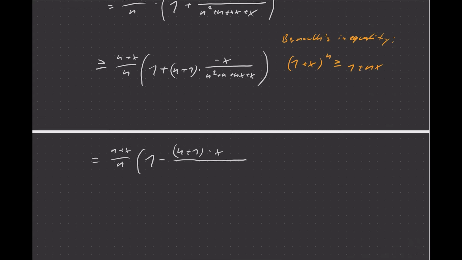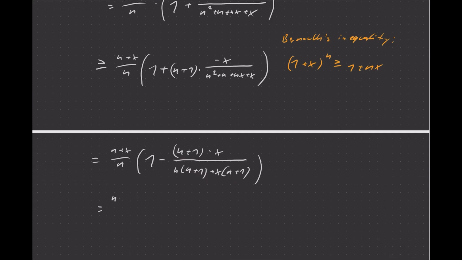And for the denominator, let's do a little work on the denominator as well. If we look at this here, we can factor out an n here. So that's n times n plus 1, the first part. And that second part, we can factor out an x here. So that's plus x, again, times n plus 1. And that will enable us to cancel out the factor n plus 1.